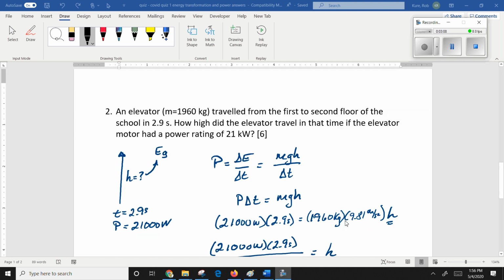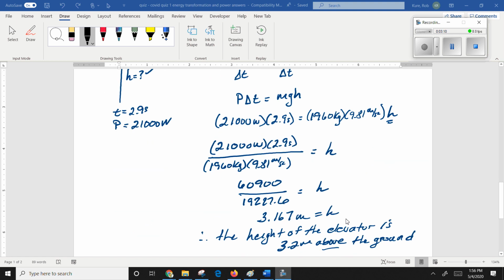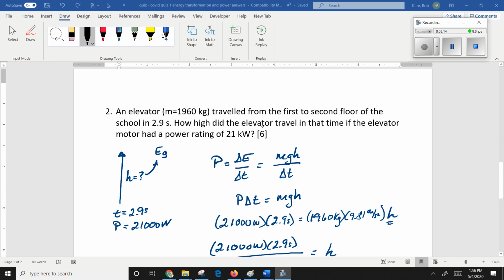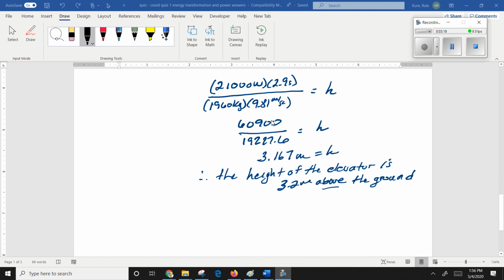When I solve for height, we're going to get a height of 3.167 meters. Wait a second, how many significant digits? Skimming through here, it looks like 2 significant digits. So therefore, the elevator is going to be 3.2 meters above the ground after traveling for 2.9 seconds. That's it.